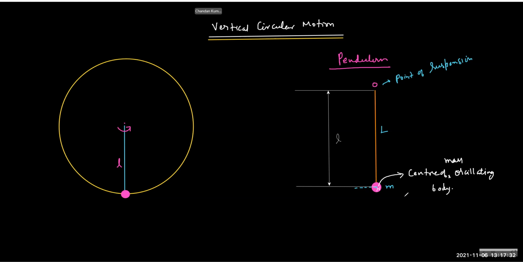It's not a geometrical property only. The length of pendulum, and this is a very crucial concept for the chapter of SHM and other chapters. This is called length of string.